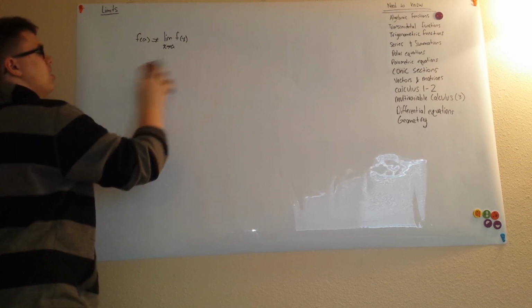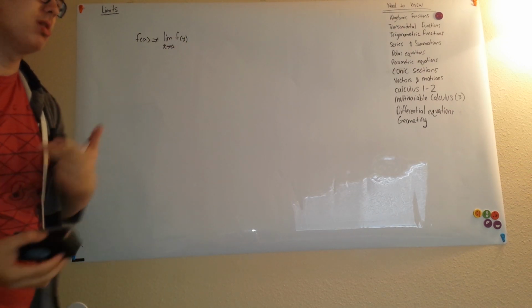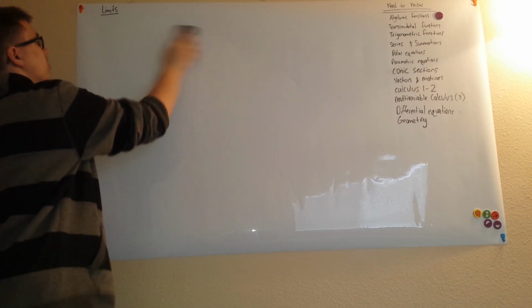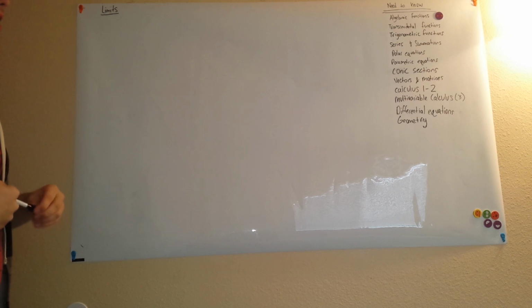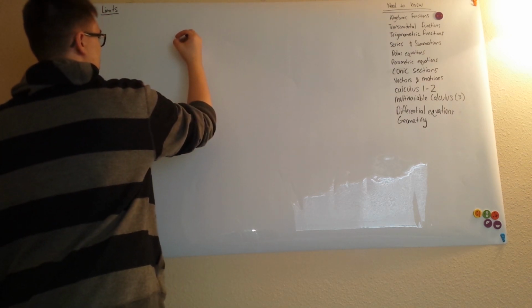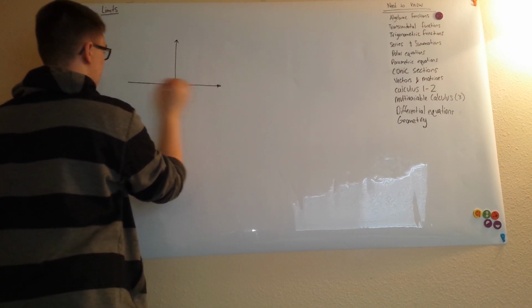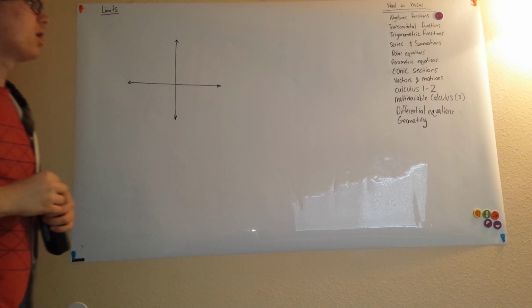And this importance will be discussed in the next section. We're going to go for one more example, different types of limits. Okay.